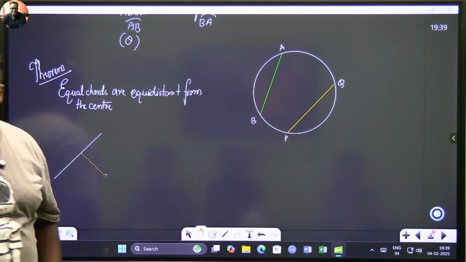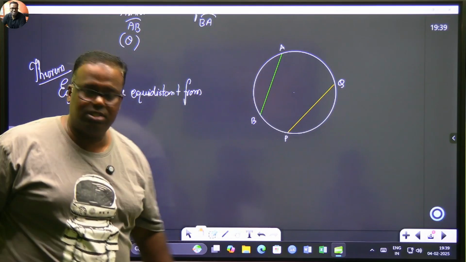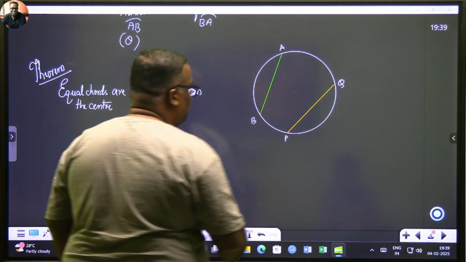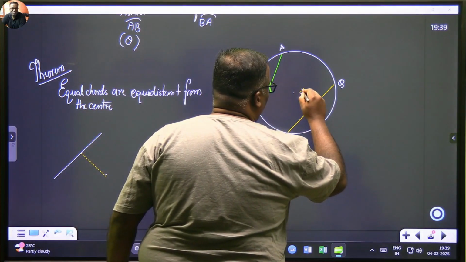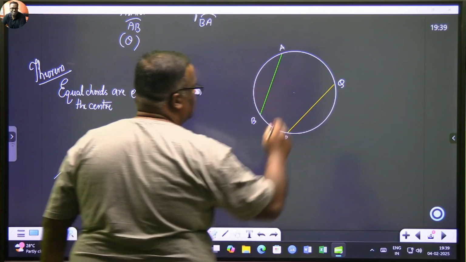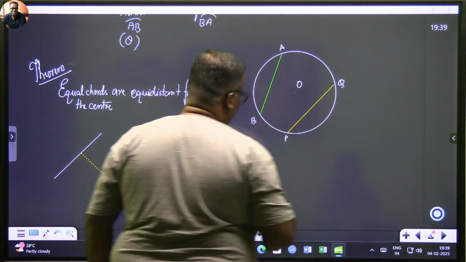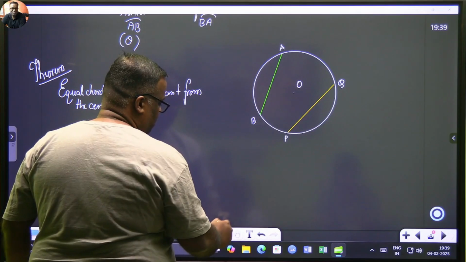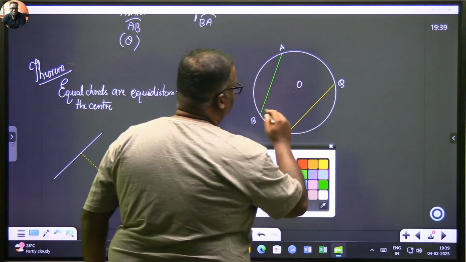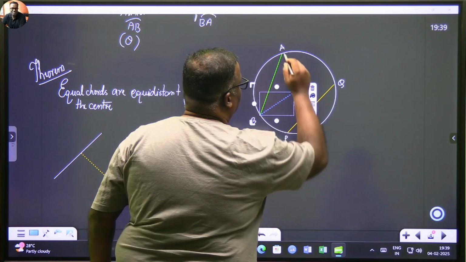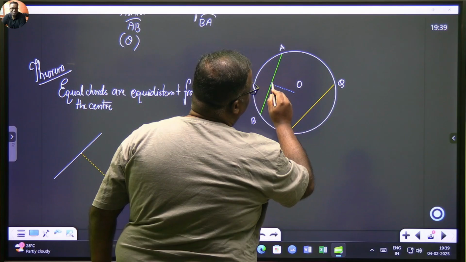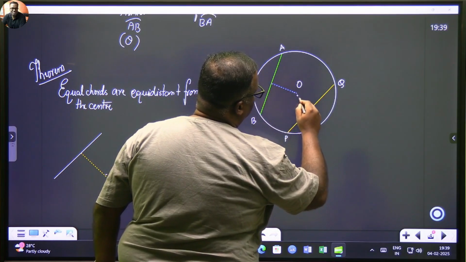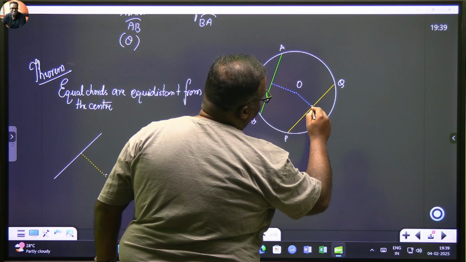We say equal chords are equidistant from the center. Now, what is the distance of AB? What is the distance? And let's say this is O. Sorry. Let's say the center is O, right? So the distance is this perpendicular, and here the distance is this perpendicular.